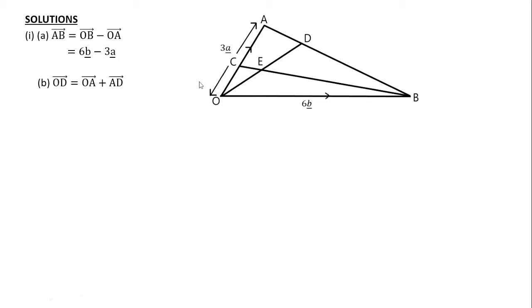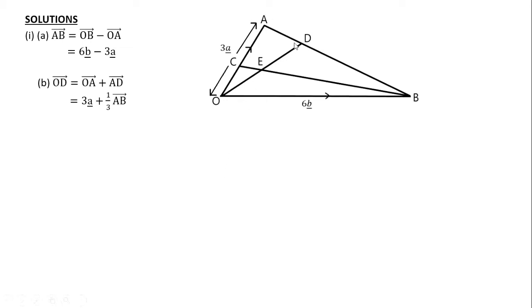OD is equal to the movement from OA to AD. Now, the question is saying AD to DB is equal to 1 to 2. So what you're supposed to do is to add 1 plus 2, which is going to give us 3.